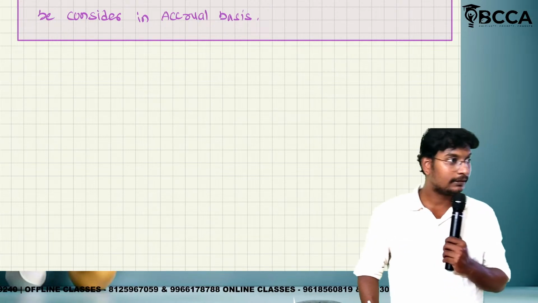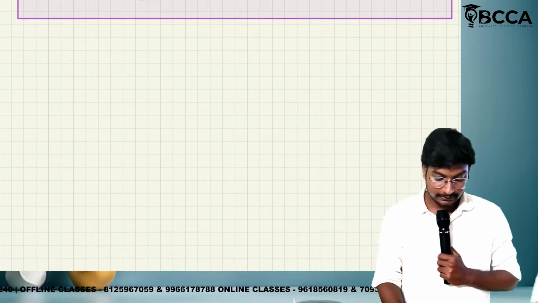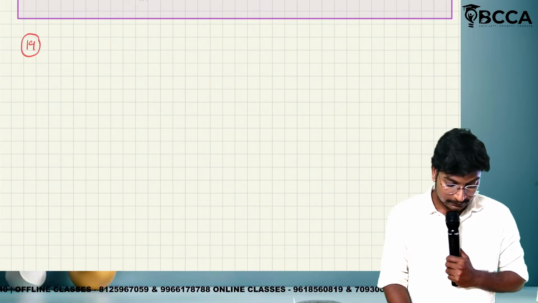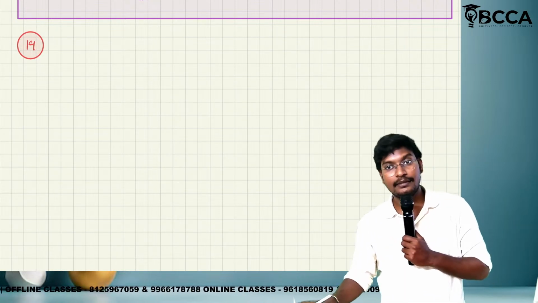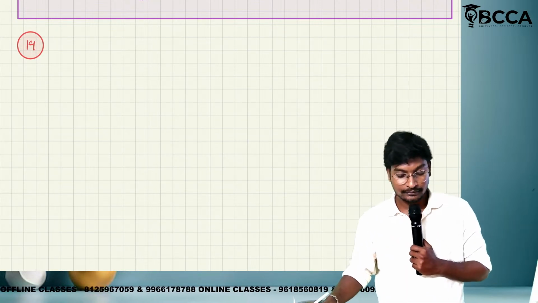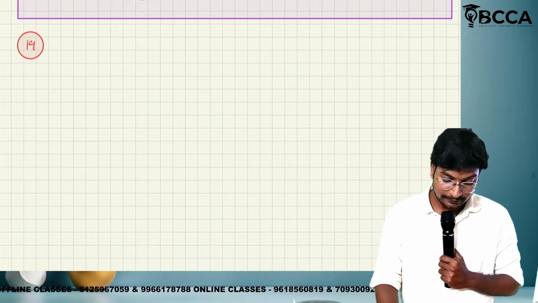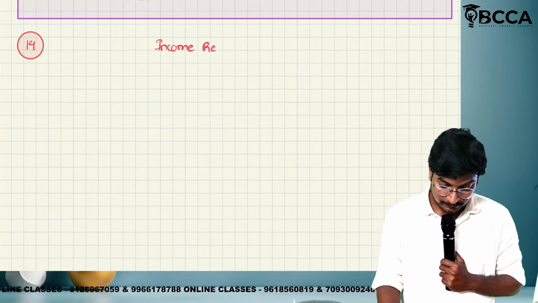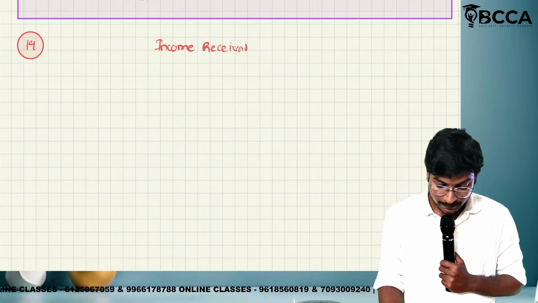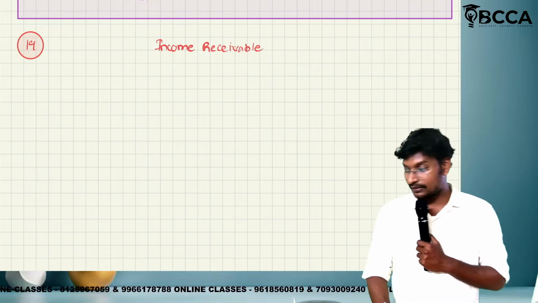Next one. What is the next point? The next transaction number is 19. Outstanding expenditure is completed, prepaid expenditure is completed. Next, income receivable. What is the next concept, guys?